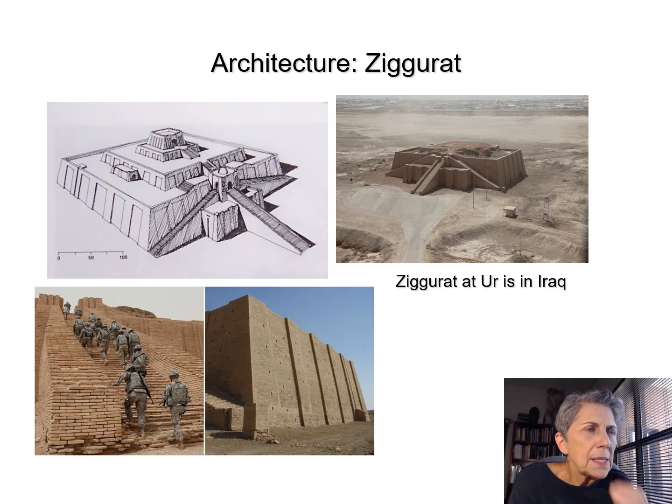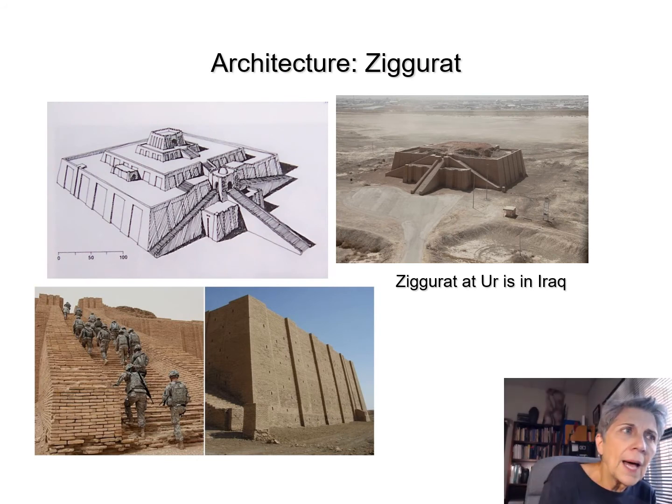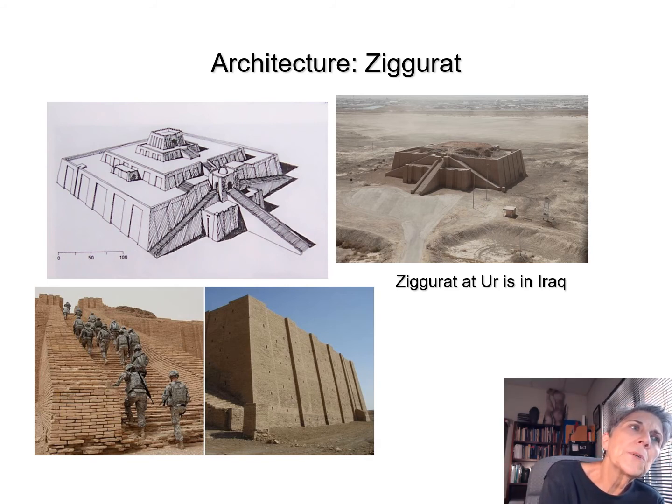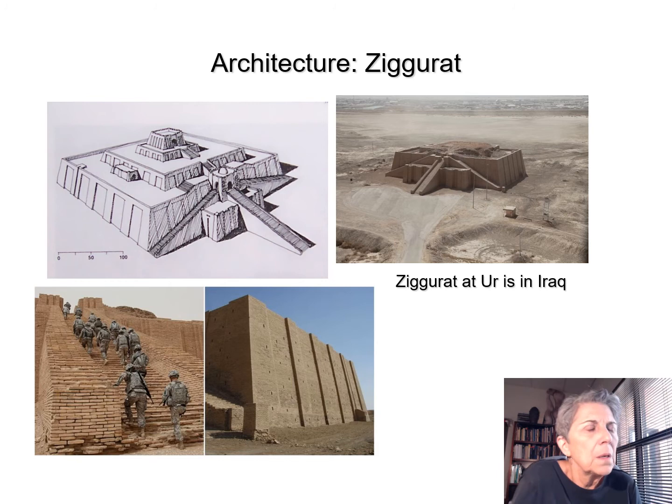Well, this is a ziggurat, and here is a schematic drawing on your top left. And then here is that ziggurat in the desert from a bird's eye view from a plane. And it's in Iraq. The reason I put this picture of U.S. soldiers climbing that ziggurat is not for any political reason.